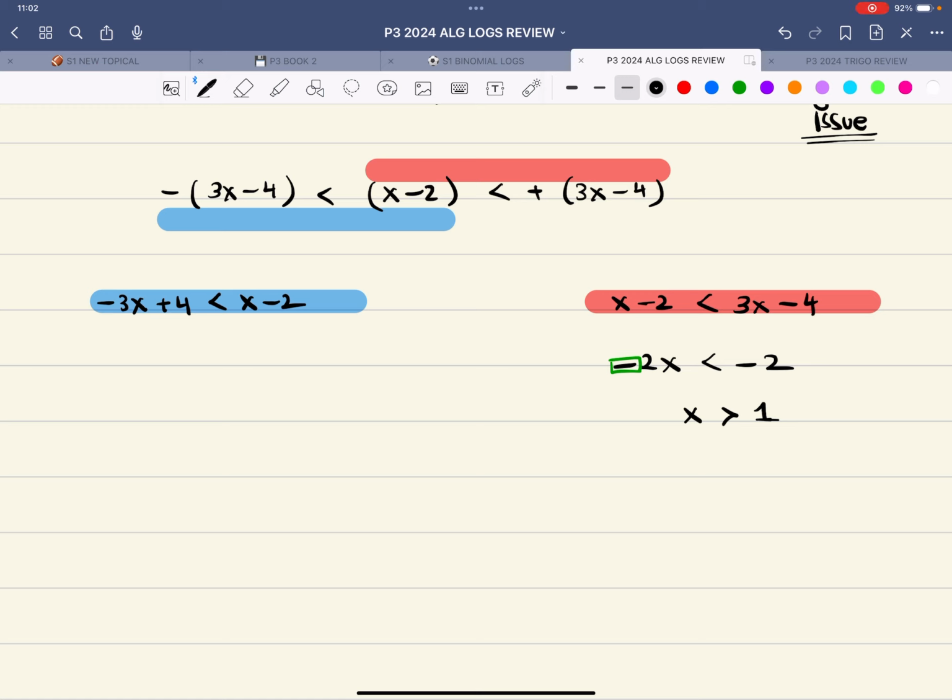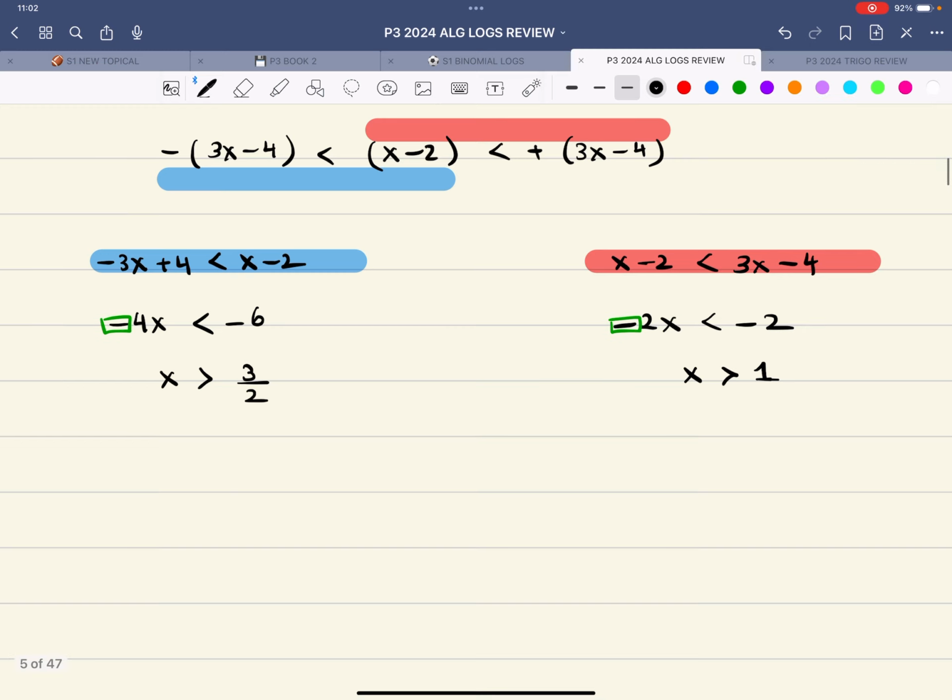Over here, negative 3x minus x, which is negative 4x, is lesser than negative 2 minus 4, which is negative 6. Again, the coefficient of x is negative, the inequality will flip. Therefore, x is greater than positive 3 over 2. 6 over 4 is 3 over 2.